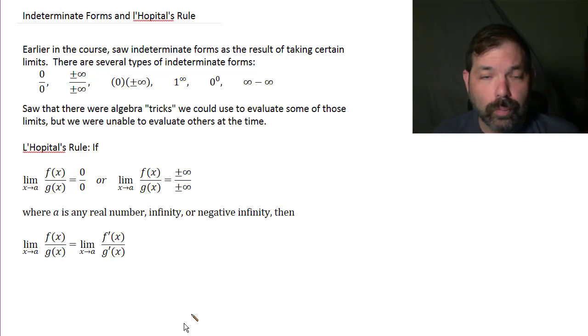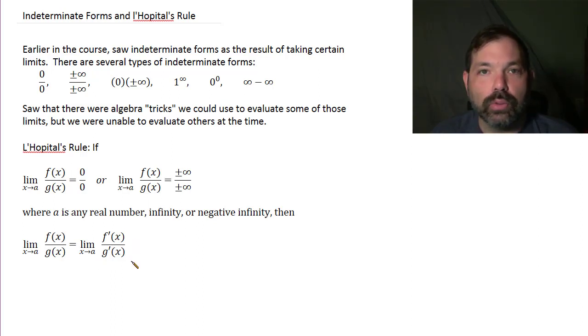It's called L'Hopital's rule. It's a French name, so it's a little tricky to pronounce maybe if you don't know any French. And basically what it says is, if we have certain indeterminate forms, if we have the limit as x approaches a of f of x over g of x giving 0 over 0, or giving infinity over infinity, where a is any real number, infinity or negative infinity, so we can be taking the limit at any value, then the limit as x approaches a of f of x over g of x is equal to the limit as x approaches a of f prime of x over g prime of x.